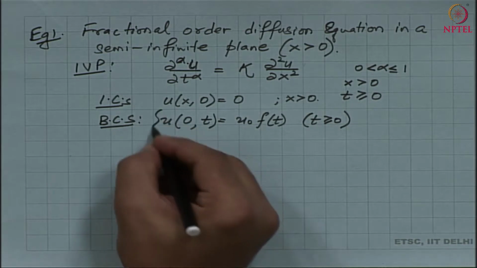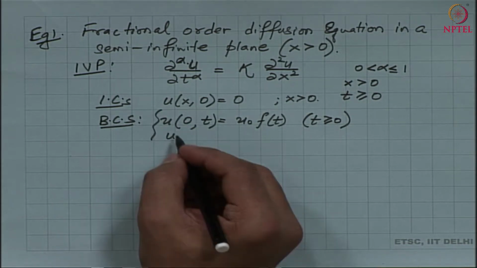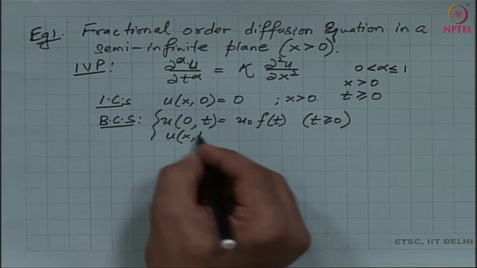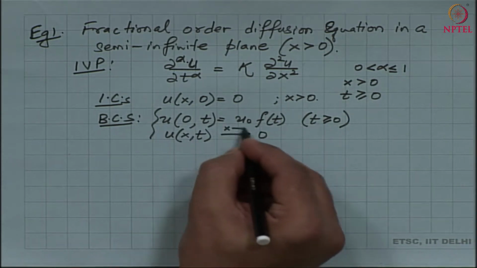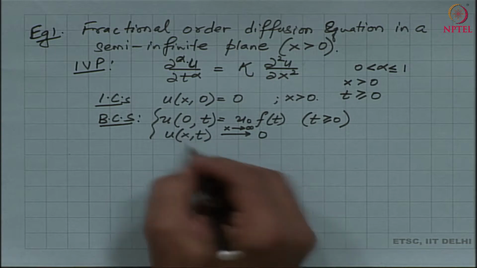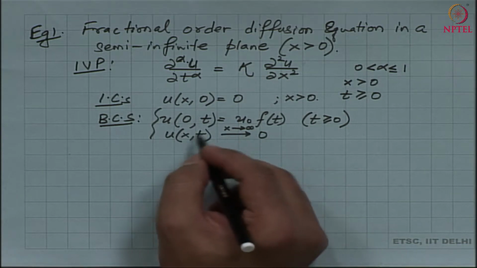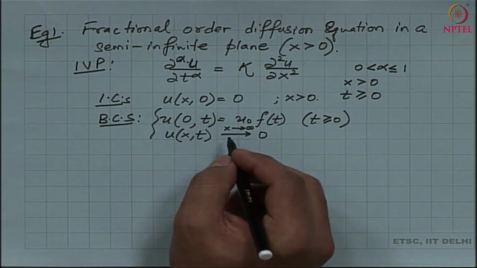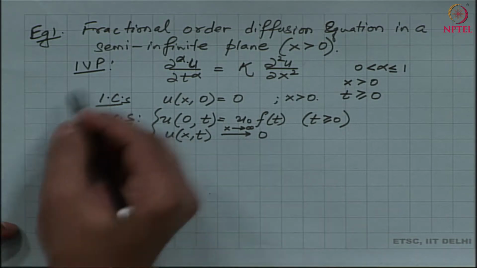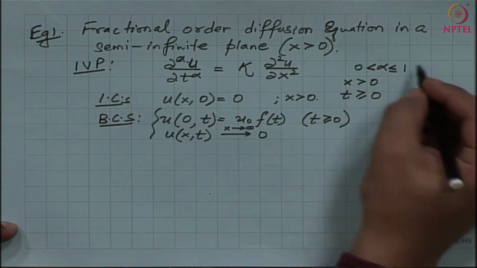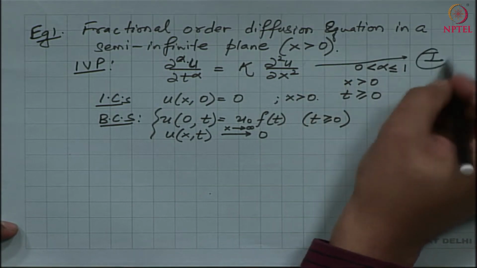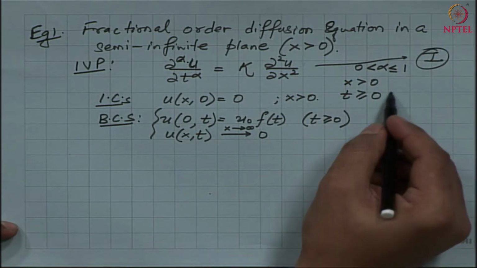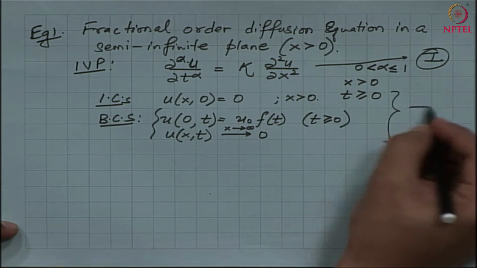The second boundary condition is that the solution needs to be bounded for infinitely large values of the domain. Okay. So, we need to find a bounded solution to this problem. Let me call this equation 1 and let me call these boundary and initial conditions 2.